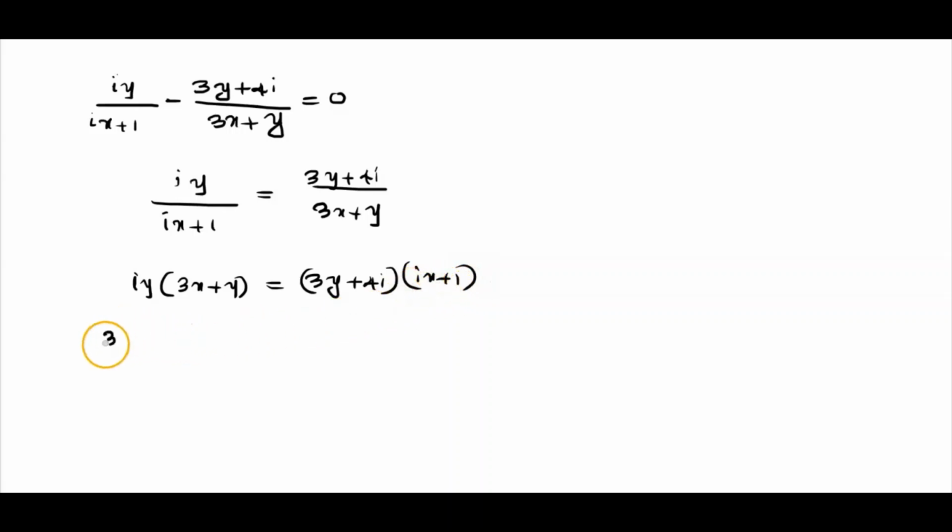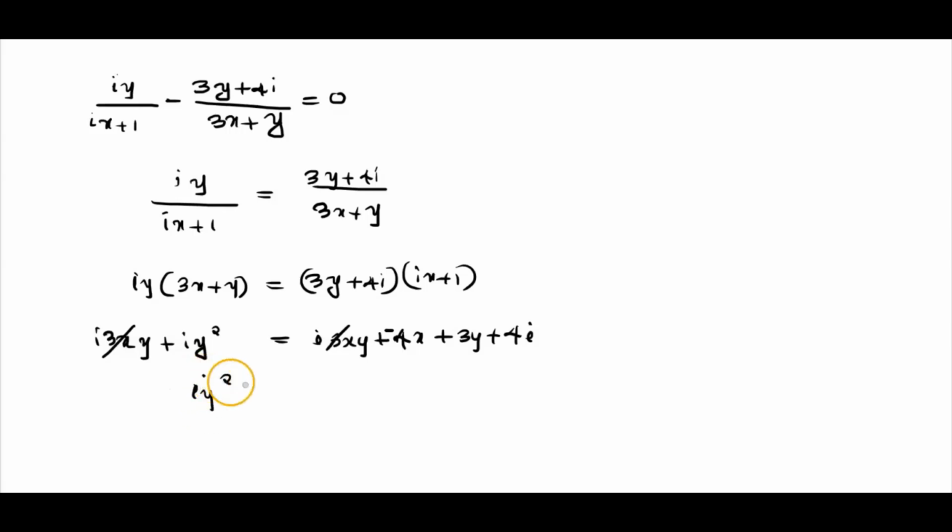Okay, so this is 3ixy plus iy square, and this is 3ixy plus i square is minus 1, so minus 4x plus 3y plus 4i. So 3ixy cancelled and iy square is equal to minus 4x plus 3y plus 4i.